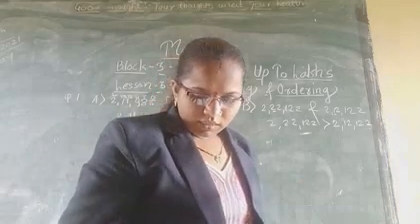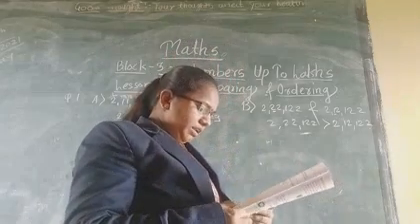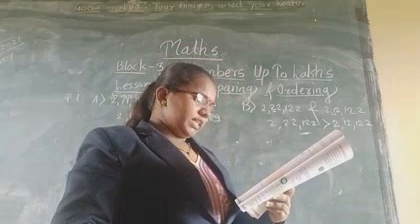Next, second question: write the numbers in a place value table and arrange in descending order.